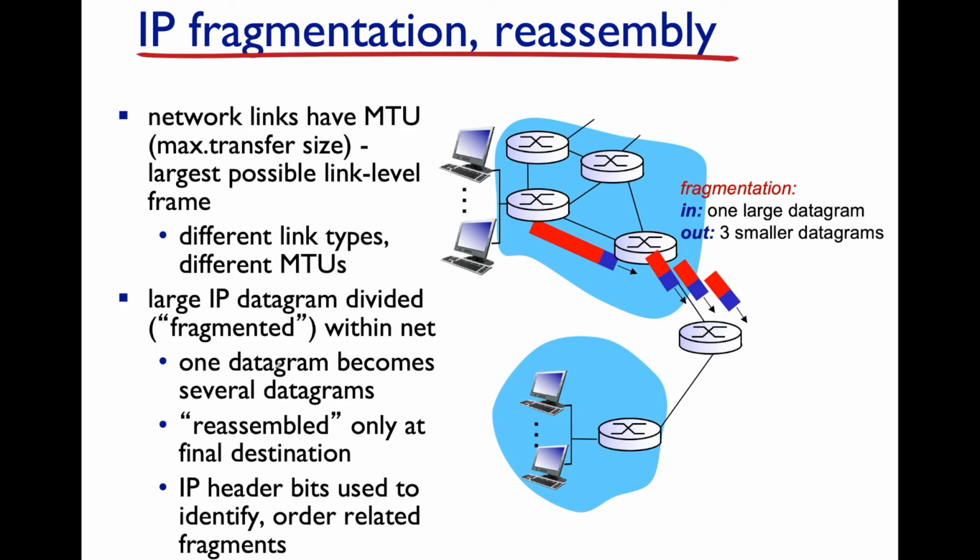Now, these blue regions for the datagram on the other side of the router are the headers, and the red regions are the data. Those data portions on the other side of the router output correspond to 1/3 of the data for the larger packet that was inbound. All right, so once these fragments get to the destination, they are reassembled, and that reassembly constitutes the entire original larger datagram that was sent.